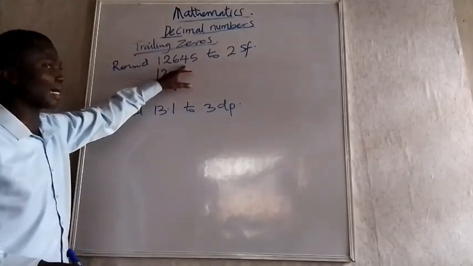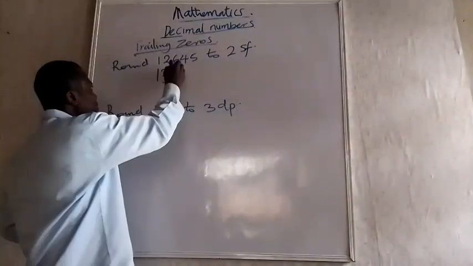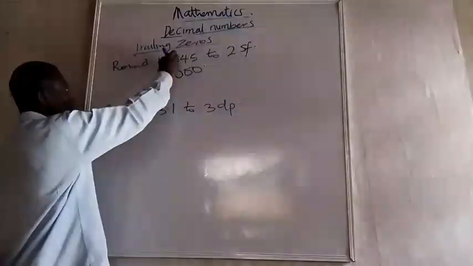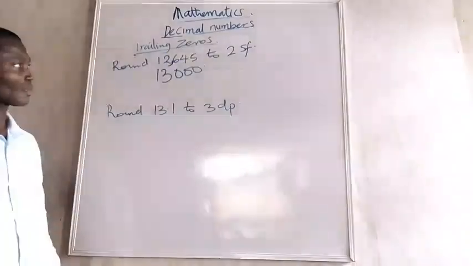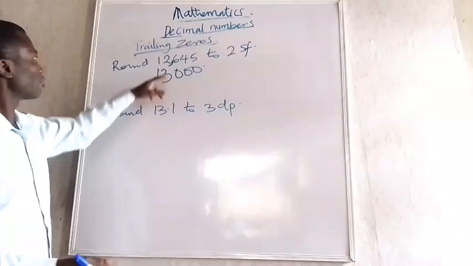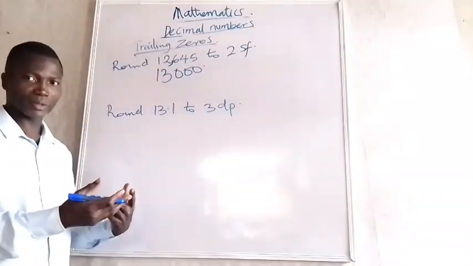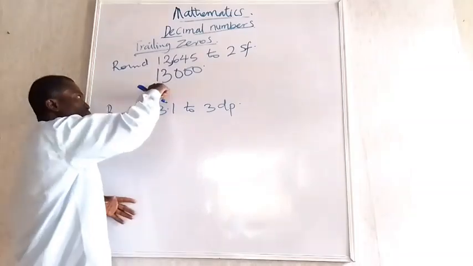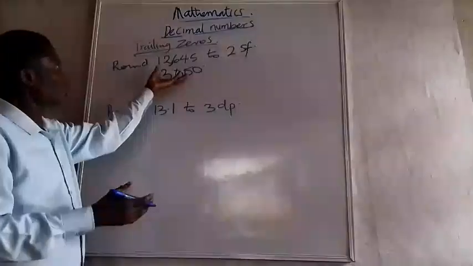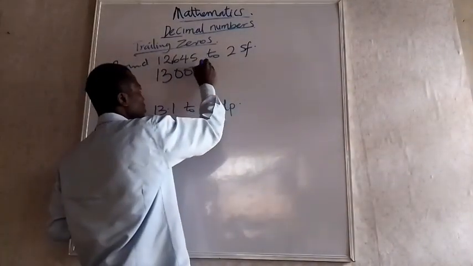But because these are still whole numbers, you can't just write 13. It will not make sense. It is going to be something around 13,000. These other zeros that bring significance to this number, to make it sensible, are trailing zeros.